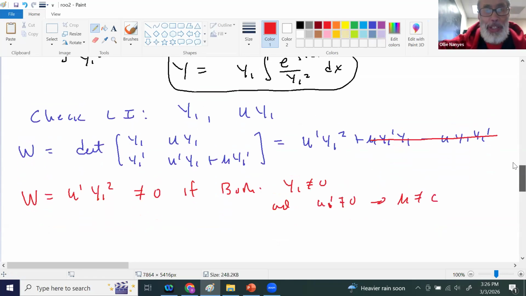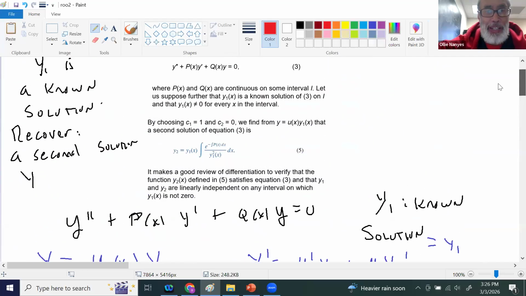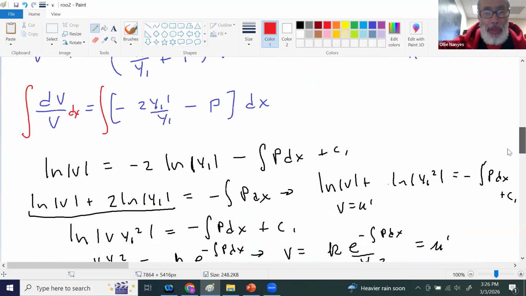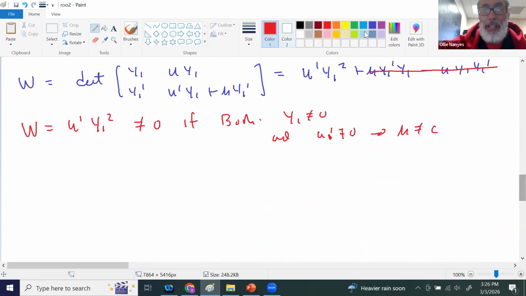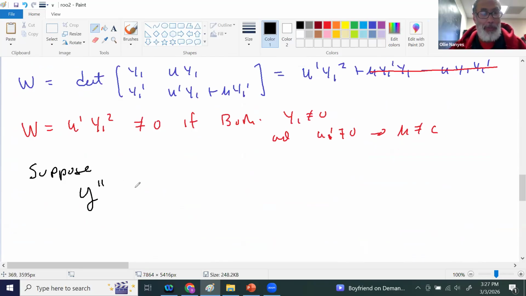Now, the next question is, let's go ahead and use this formula here. And I botched this in my 9 o'clock class when I went to do this. So suppose we had the following differential equation, y double prime plus 2b y prime plus b squared y is 0.